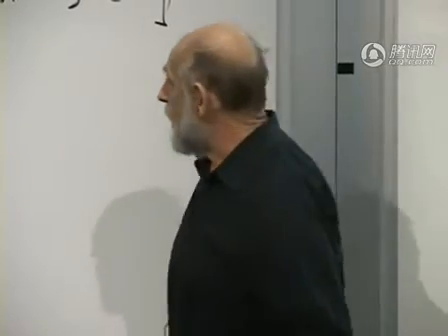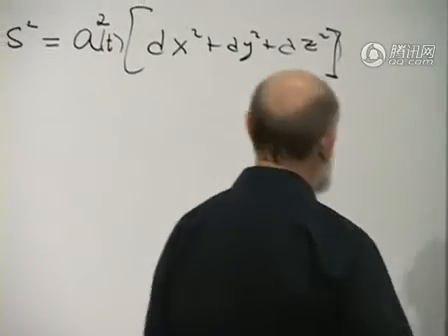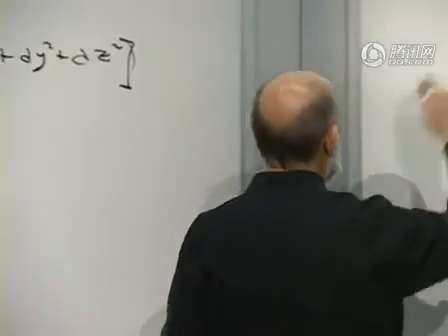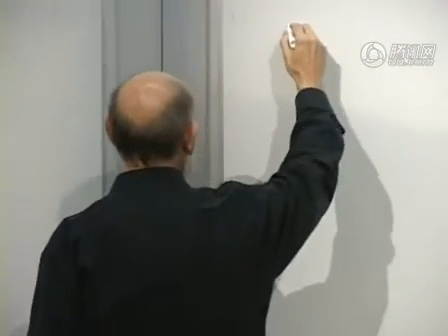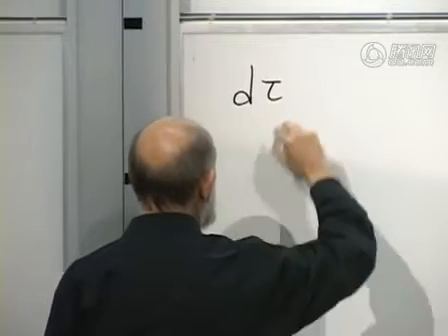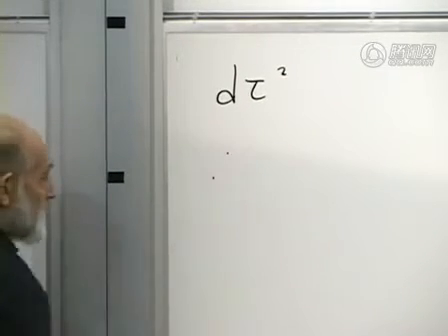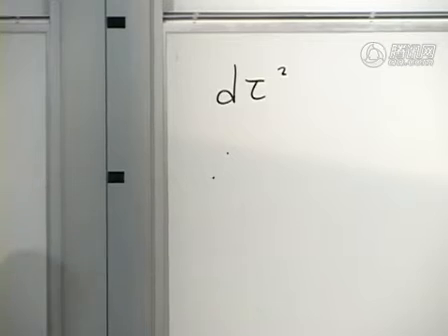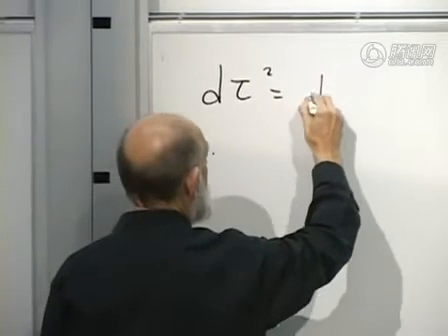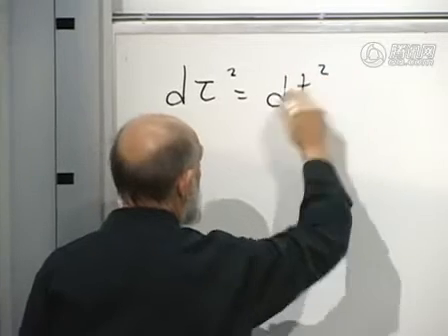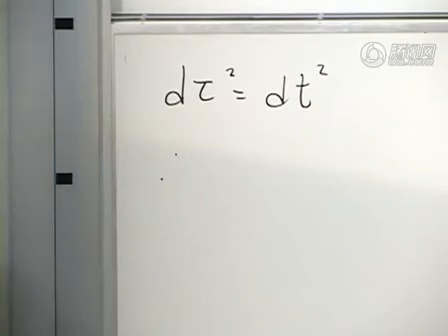What about proper time? Let's go back over here to the special theory of relativity. In ordinary special relativity, the proper time between two neighboring points of space-time is given by dt squared minus the spatial distance squared.